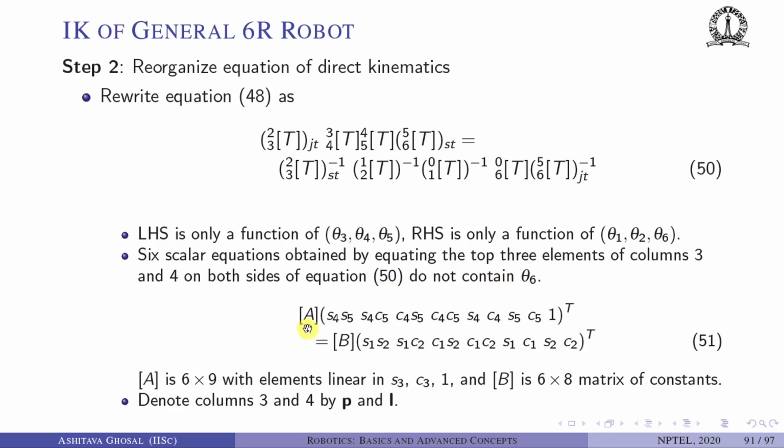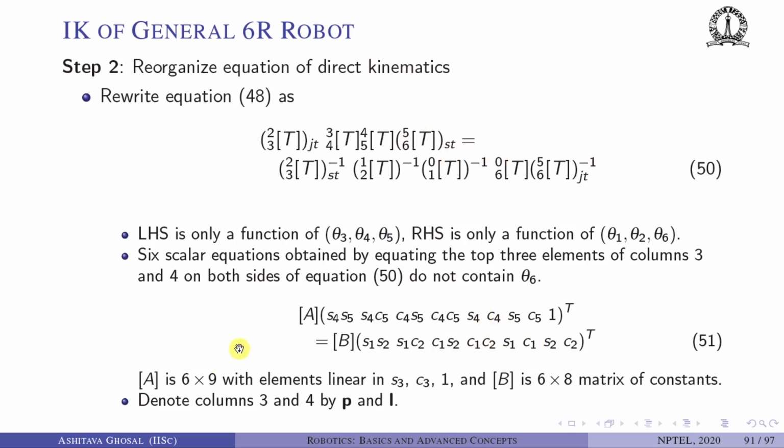So we can rewrite as A into S4 S5, S4 C5, C4 S5, and so on, into 1, is equal to B into S1 S2, S1 C2, and so on. We have managed to look at these equations and pick the ones which do not contain theta 6.